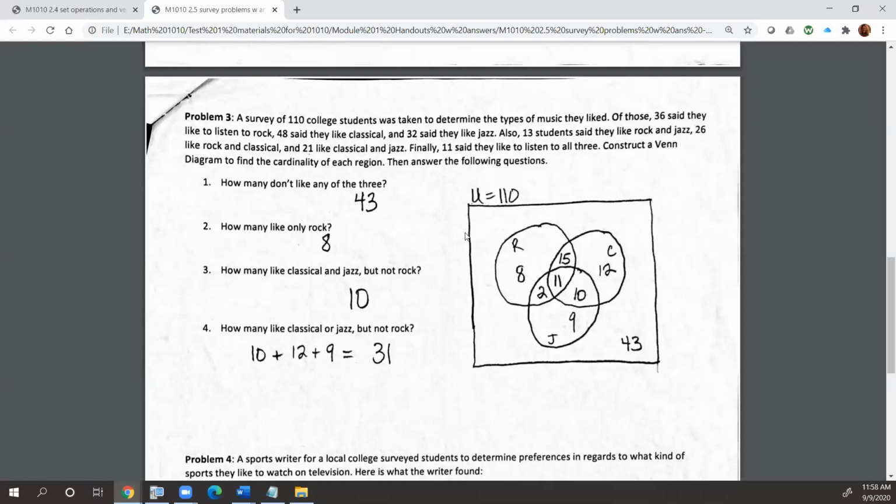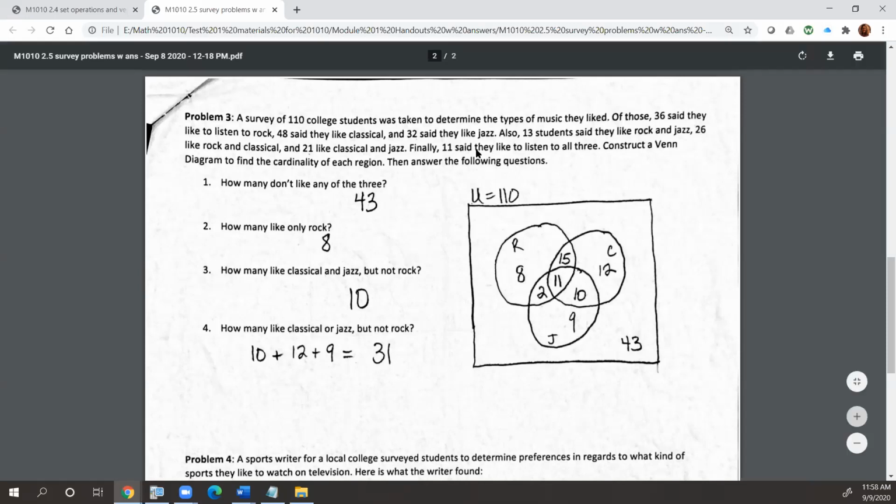So we first have to draw a Venn diagram using 3 sets representing rock, classical, and jazz. And I've got my R, my C, and my J here. And then the universal set, they did a survey with 110 students. And then what I like to do is work backwards from the innermost region.